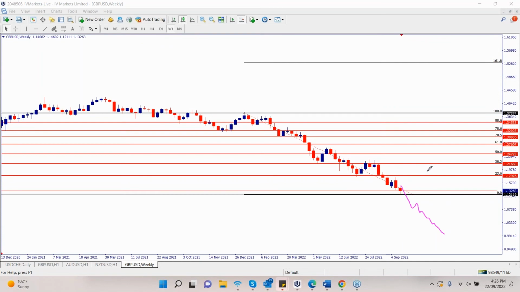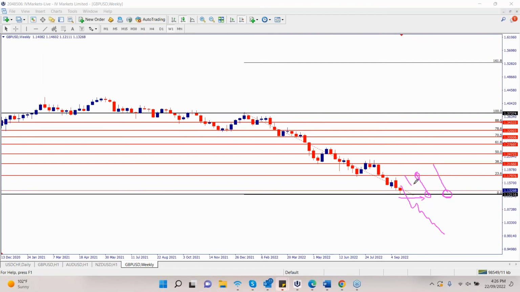But for the time being, for the best trading strategy, we have to enter the market till, for example, from 23 we can go to this low level. And if the market is going to reject from 38%, we can go again to this low level.